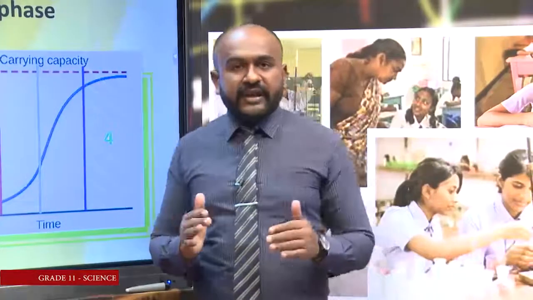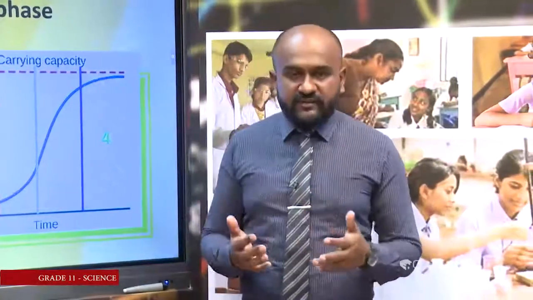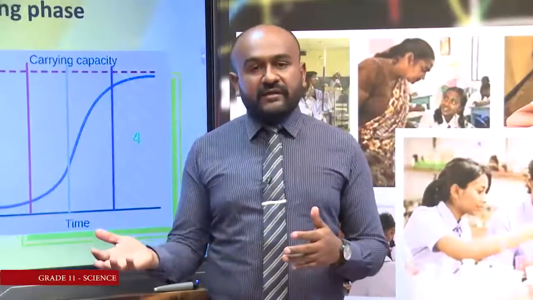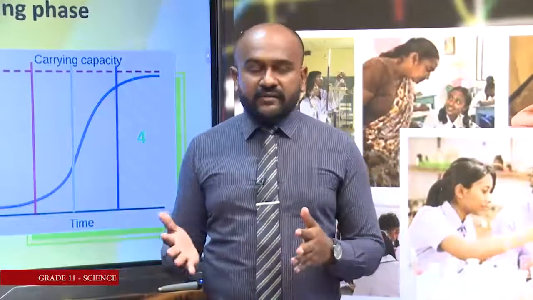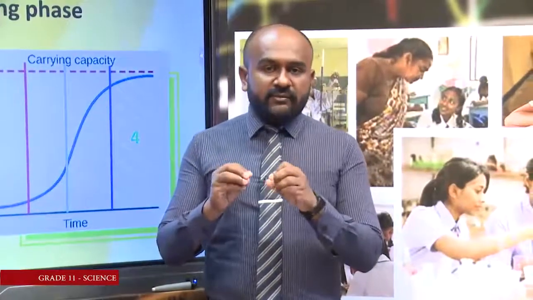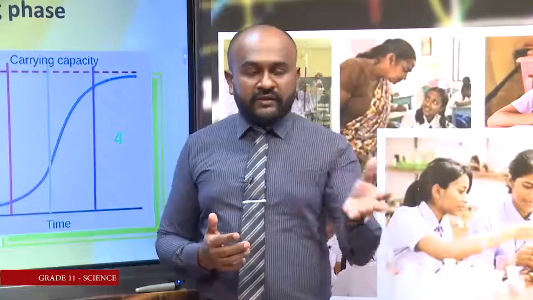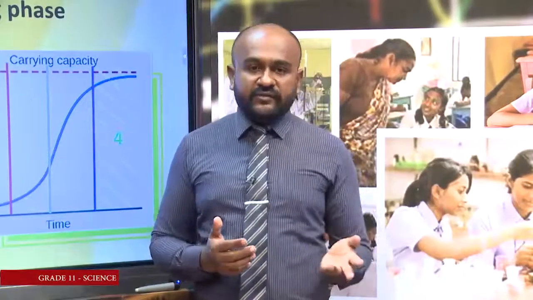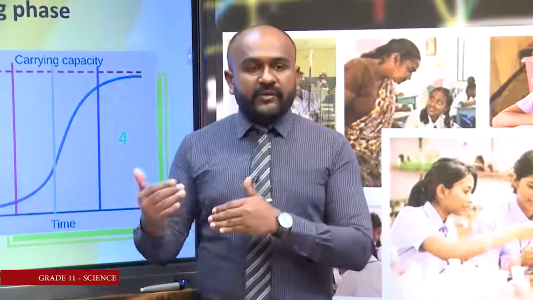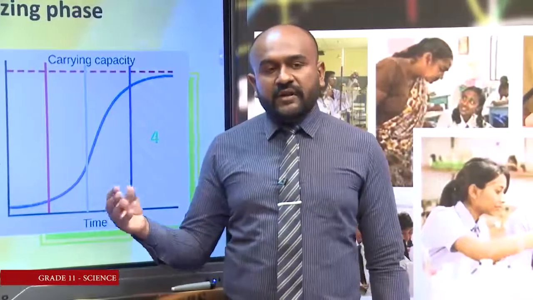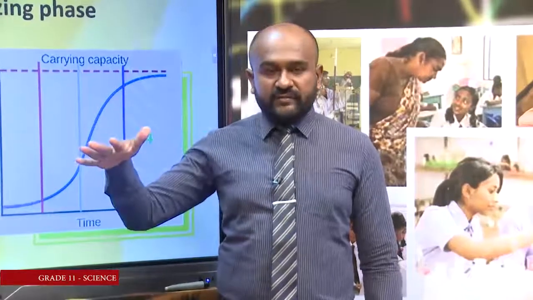Because when you get a particular environment, maybe a forest, or maybe a pond, maybe a wooden log which is decaying, all these are environments. So, there is a particular number of organisms that it can support, because it is with some limited resources. So, now the particular population has reached the carrying capacity of the environment. So, now the number stays constant.